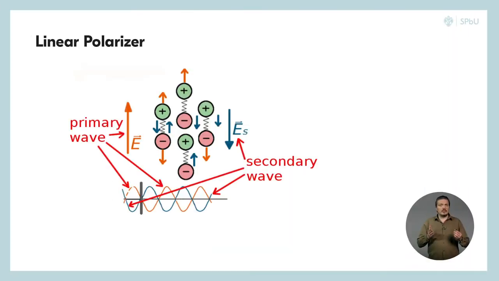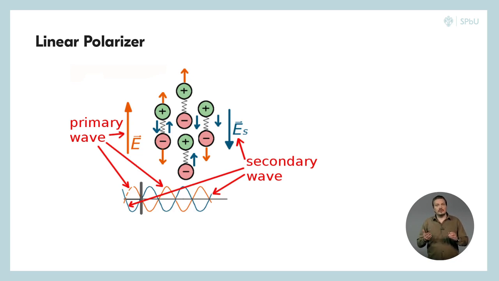When light polarized along this axis falls on the crystal, the dipoles begin to oscillate because light is an electromagnetic wave and it can push opposite charges in opposite directions. This oscillation of charged particles produces a secondary wave, which interferes with the primary wave on the other side of the crystal and extinguishes it.